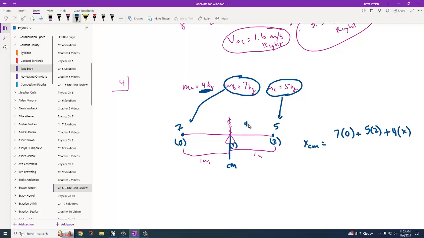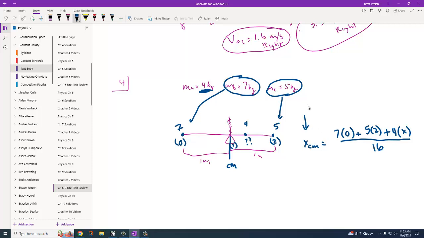I know that the 4 kilogram is going to go over here somewhere because it's got to be away from the 7, but I don't know how far. So to figure that out, I'm going to leave an unknown there. And the center of mass divides all of these mass times position terms by the total mass. Well, 7 plus 4 plus 5 gives me a total of 16. But where do I want the center of mass?